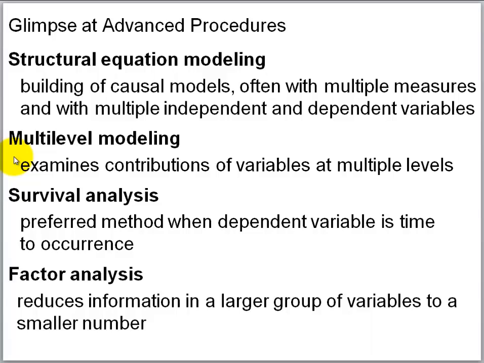But we might also gather information at the level of the classroom, so that, for instance, we might look at the reading levels of other kids in the classroom. So the idea would be that if the child is in a classroom where most of his classmates have high reading levels, well, does that affect the reading level of the child? So this variable is not at the level of the individual, but is rather at the level of the classroom.